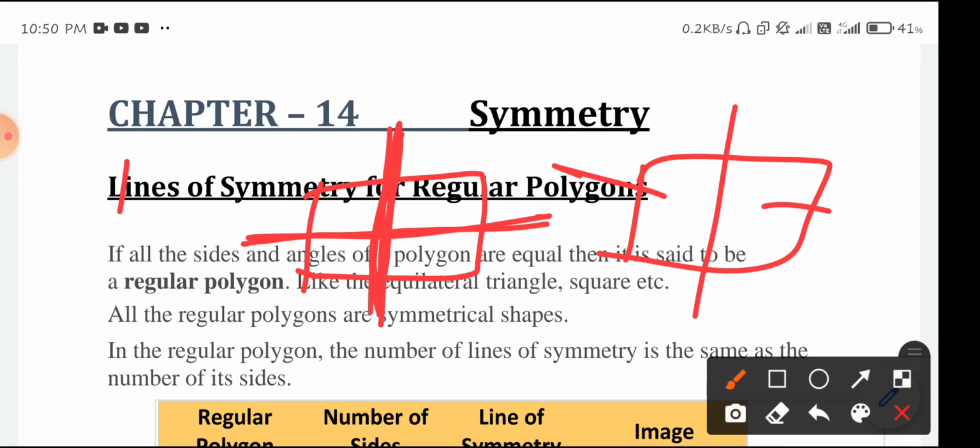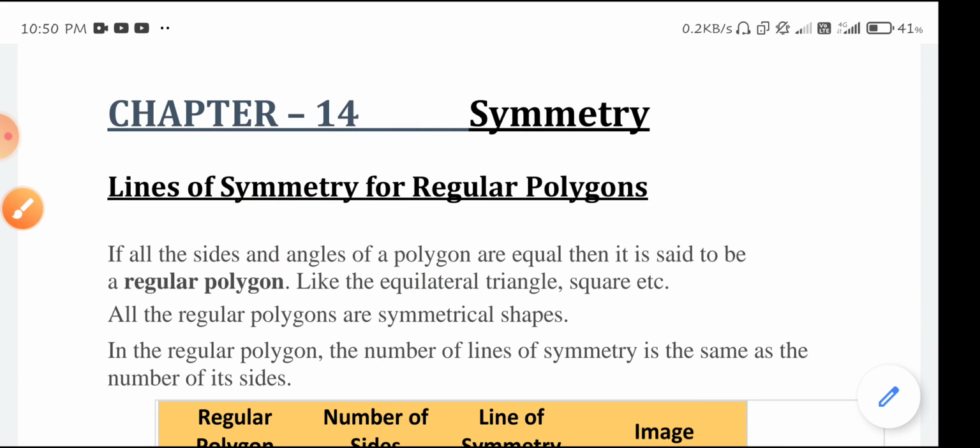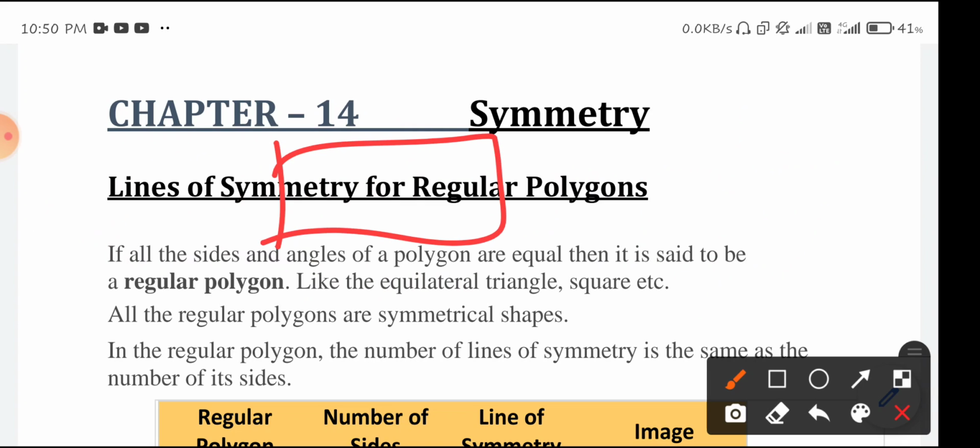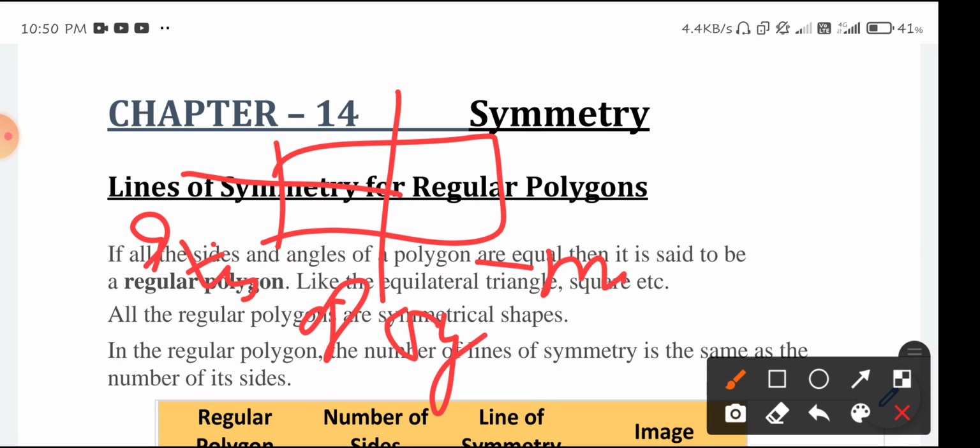Or if you divide it horizontally, then also you can see that both parts are equal. So symmetry means it is the figure which is identical or the same from both the sides, and the line which we are using for dividing into two equal parts is known as axis of symmetry, or we can also call it a mirror line.